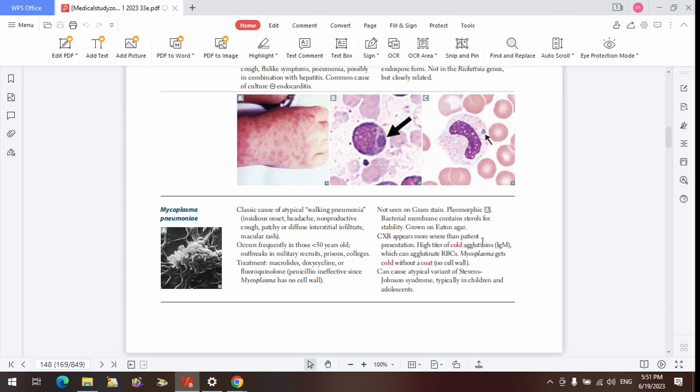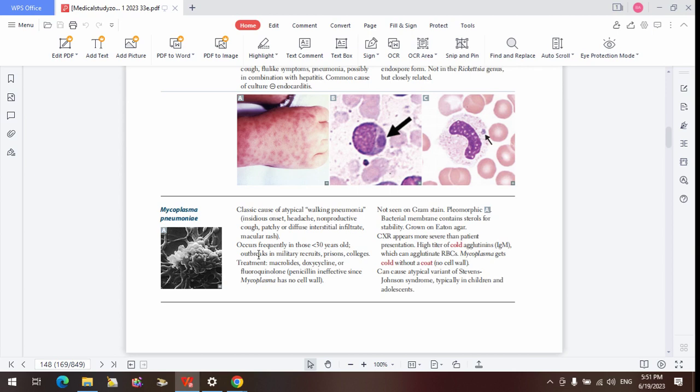And this condition has some association. Number one, it can be associated with some rash, typically erythema multiforme. So I want to mention now that erythema multiforme is very similar to erythema migrans. Both of them can form a target lesion, but one way you can separate them is by looking at the implicating cause.